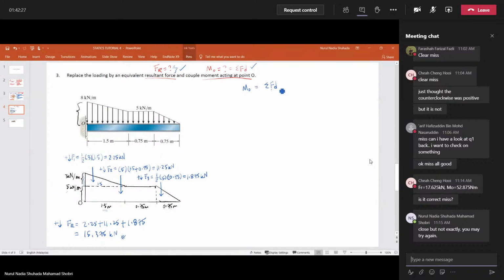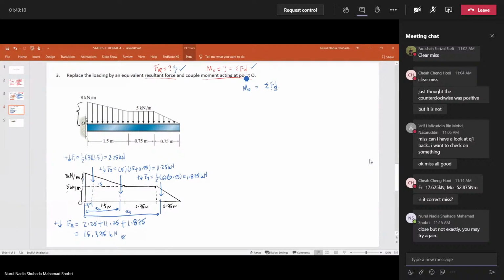We don't have the distance for F1, F2, F3 yet, so we have to find them. For example, here is x1, the distance here, and then x2 we have to find, and here is x3 we have to find.